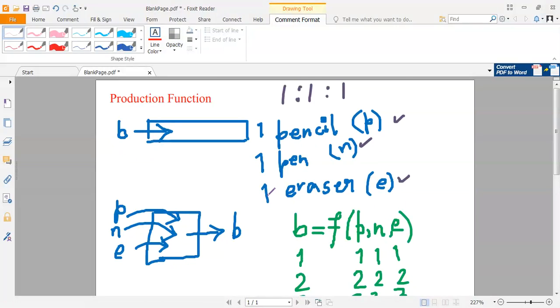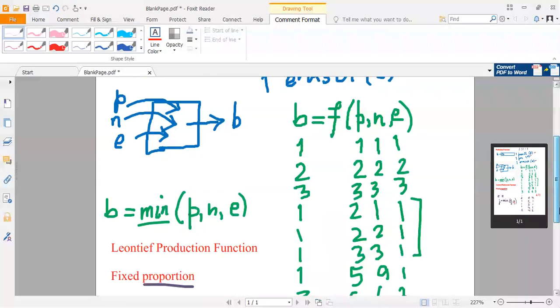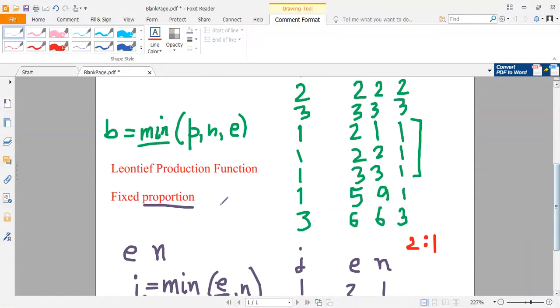So we have constant returns to scale. We have different properties of production functions as well. If I talk about the types of production function, we can have Cobb-Douglas production function. We can have fixed proportion production function, the function that we discussed right now. We can have production functions for perfect complements, for perfect substitutes. Essentially, this production function is actually a perfect complement production function.